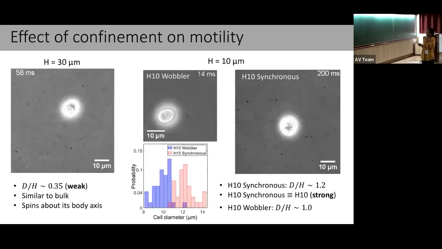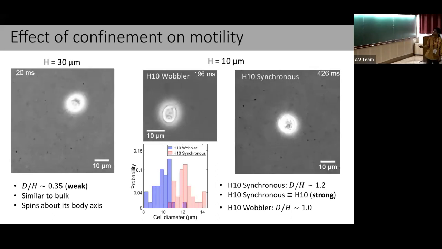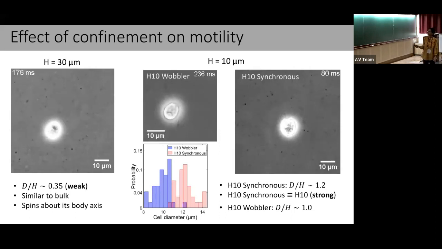There is another class of motility that shows up in the extremely confined regime, where instead of getting these beautiful synchronous flagellar movements, you get a paddling movement of the flagella. Here the flagella itself is undergoing contact interactions with the wall. We do not include these cells in our analysis, because there is no way to have properly averaged flow fields.